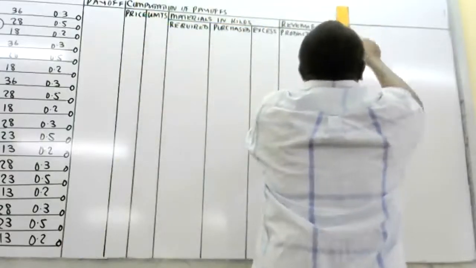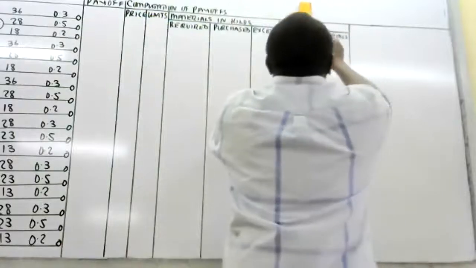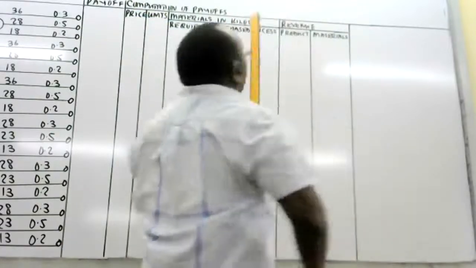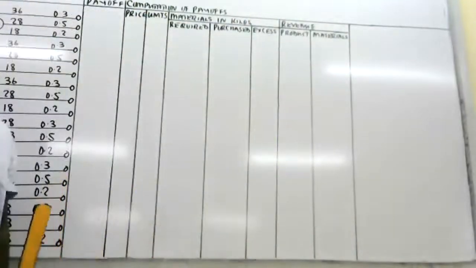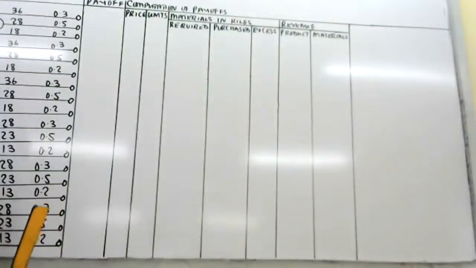That will be the revenue. We have two sources of revenue. We have the one that is coming from the product. We have the one that is coming from materials.